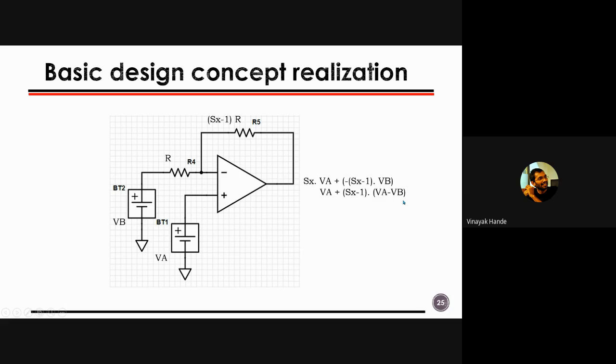So that is something which we have already seen, right? I can replace VA with VB1 and VB with VBN, right? And this is the scaling factor. Why did I make this Sx minus 1 or Sx particularly instead of S? Because this scaling factor and that scaling factor have a little bit of difference, right? Because this is reduced by a factor of minus 1. That is the only thing, nothing else.